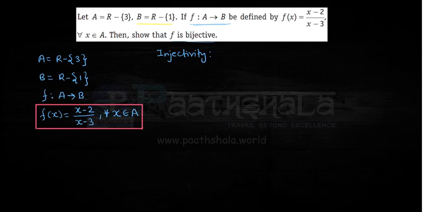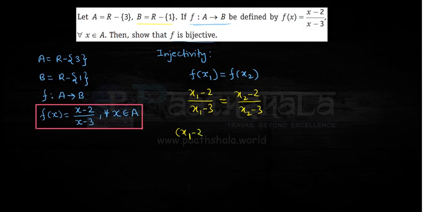Okay. So let's take f(x1) equals f(x2), and from here we have to show whether x1 equals x2 or not. f(x1) is nothing but (x1 - 2)/(x1 - 3), and f(x2) is (x2 - 2)/(x2 - 3). Let's cross multiply it. We will get (x1 - 2)(x2 - 3) equals (x2 - 2)(x1 - 3).